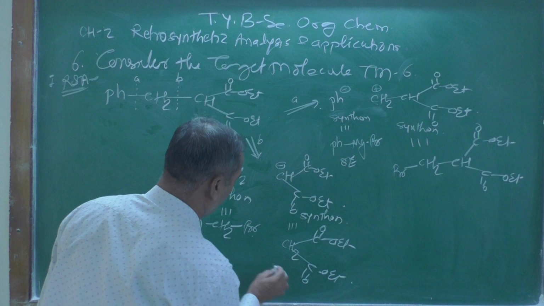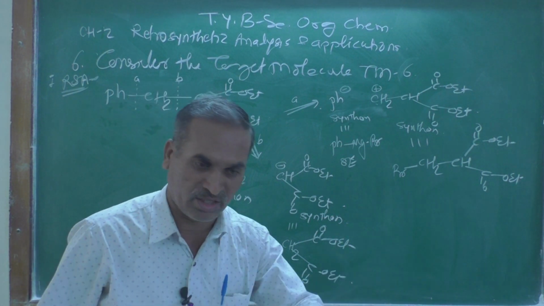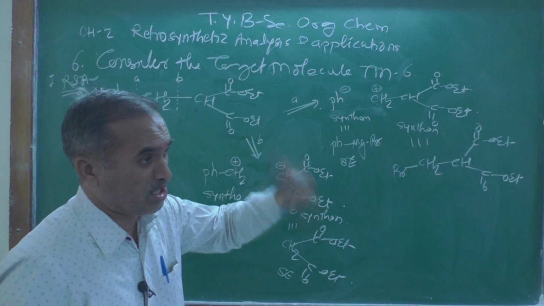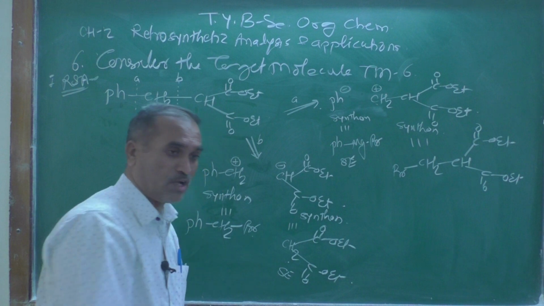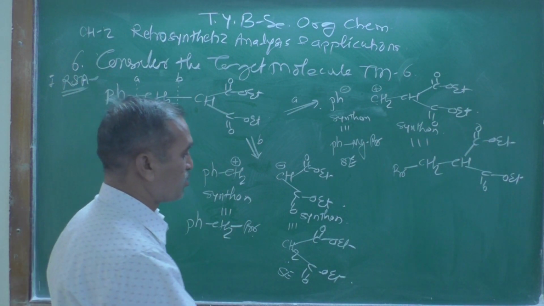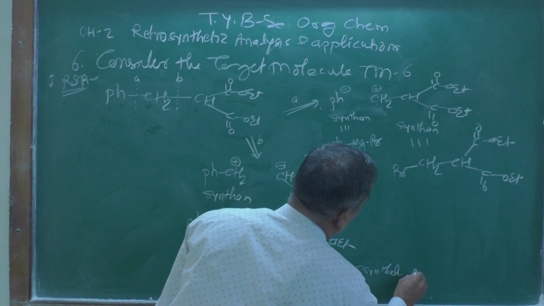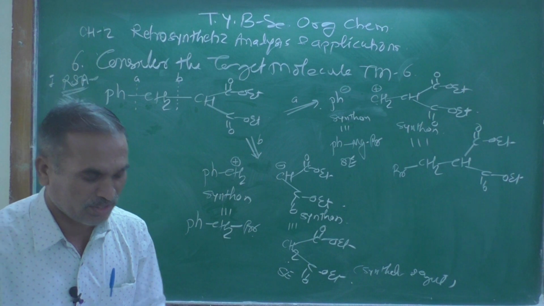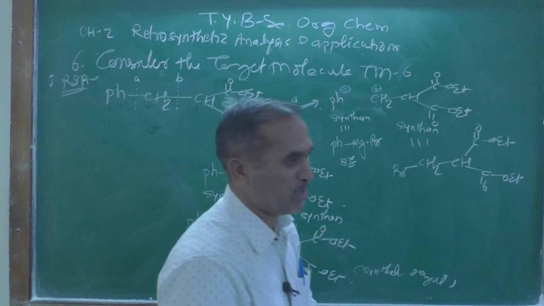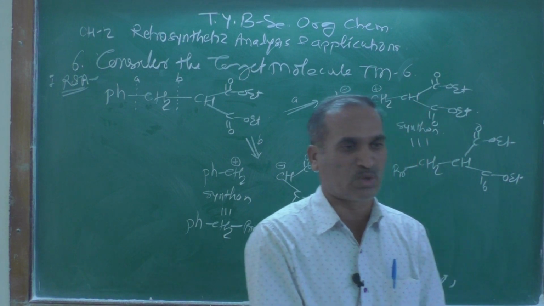As we know, this is a synthetic equivalent, and it is also known as a synthetic reagent. A reagent means a compound that reacts to give an intermediate in the planned synthesis, or the target molecule itself.